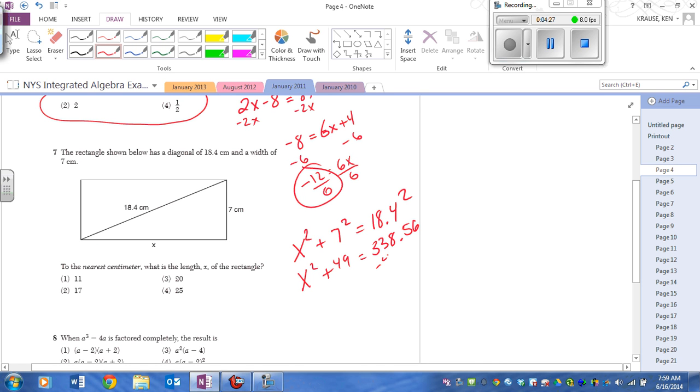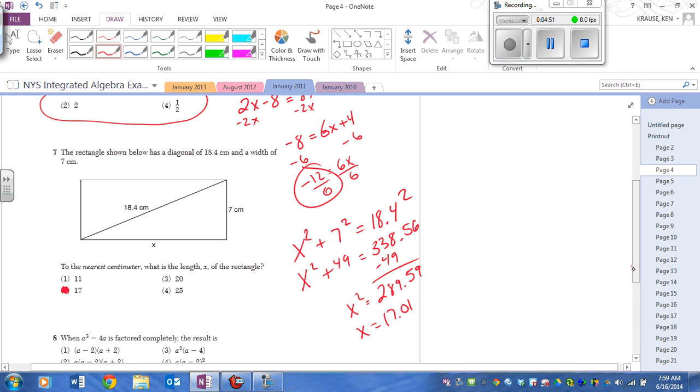Subtract off the 49. You get x squared equals 289.56. This has to be around 17. x equals 17.01. There's my answer.